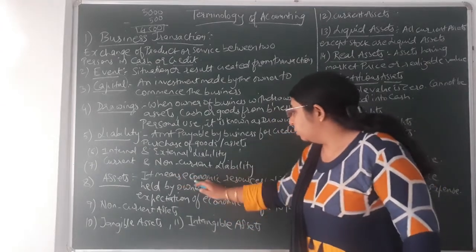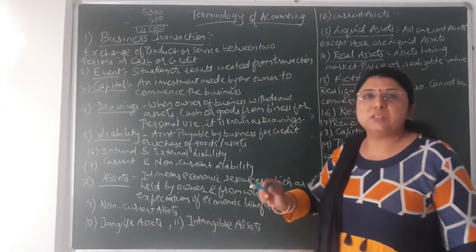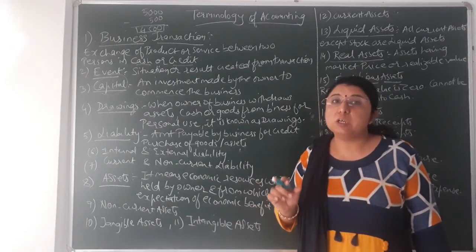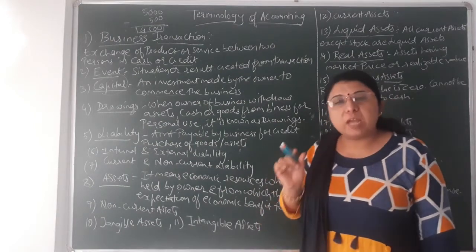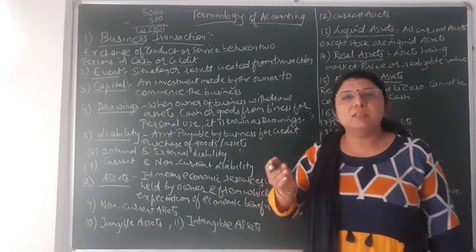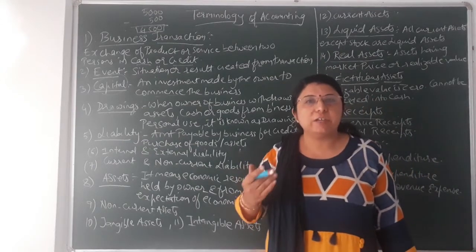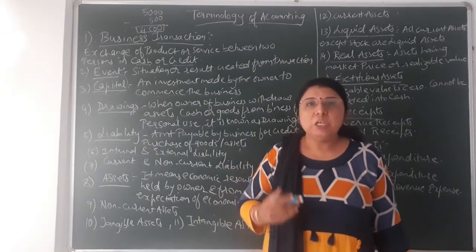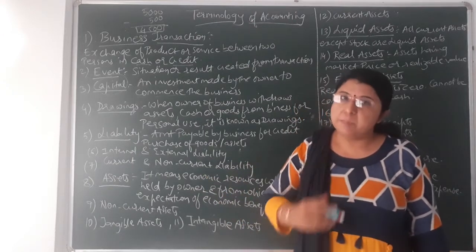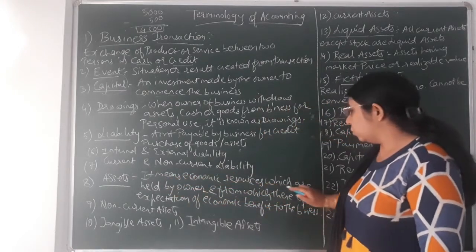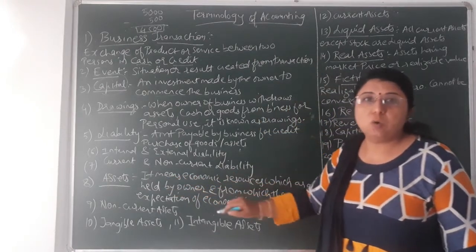What are they called? Economic resources. If we are purchasing any kind of machinery or furniture, then that becomes our economic resources. And from those economic resources, we are getting economic benefit. By utilizing the machinery, we manufacture finished products, and from that we get economic return. So that generates economic benefit. Okay, so assets means economic resources which are held by the owner.